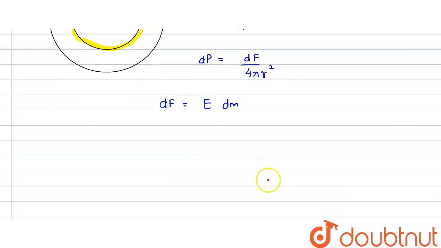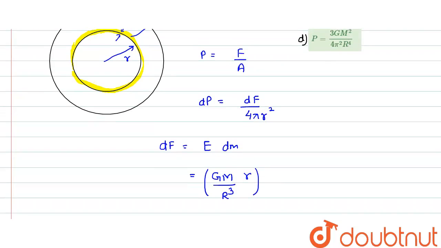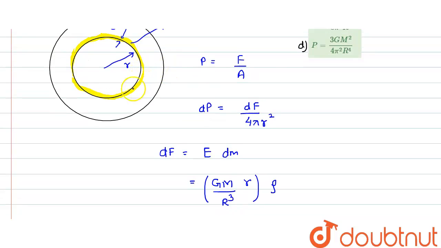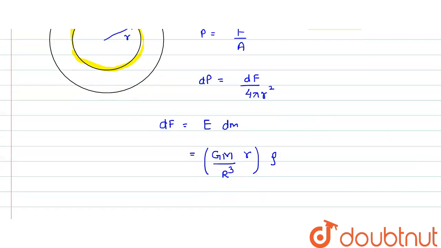What is the gravitational field inside a sphere? The formula is GM divided by R cube into r, where r is the distance at which we calculate the gravitational field, multiplied by dm. How can we write the value of dm? Mass is density times volume. The volume of the thin spherical shell is 4 pi r square multiplied by dr, the surface area multiplied by the thickness.